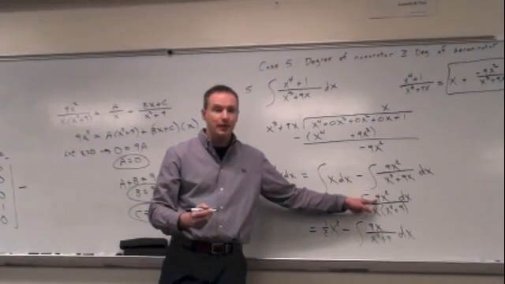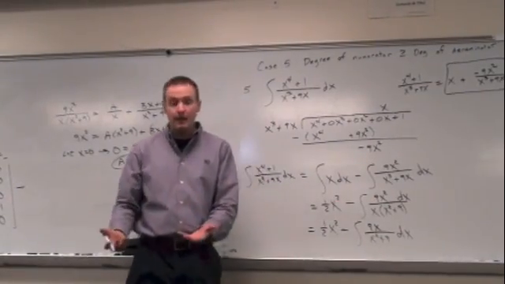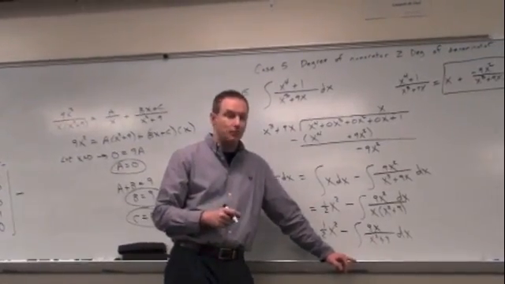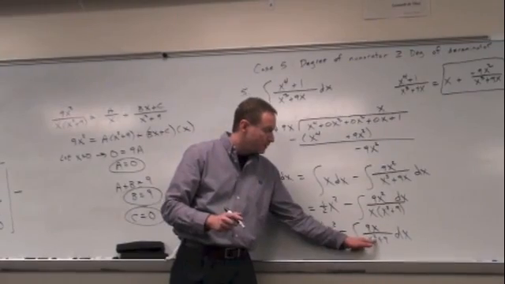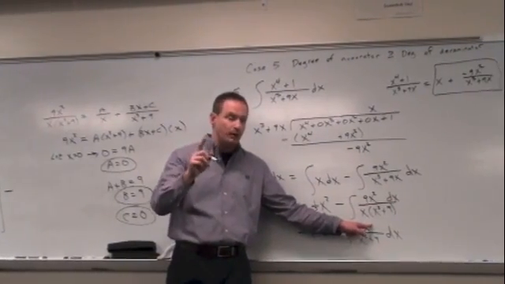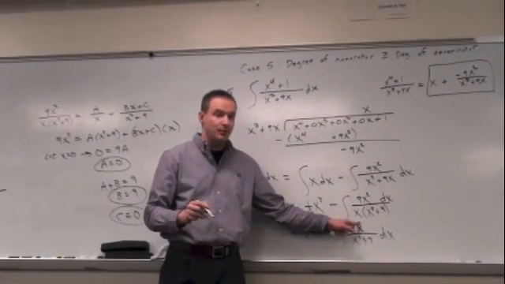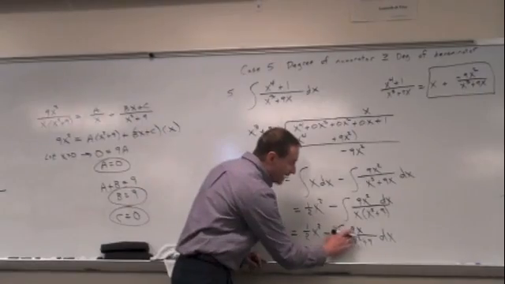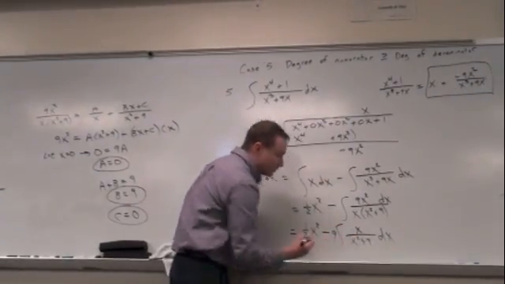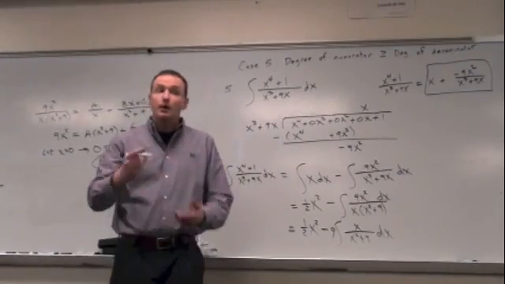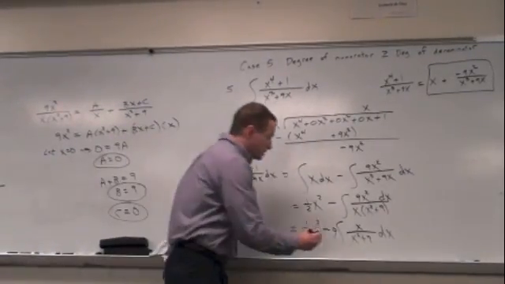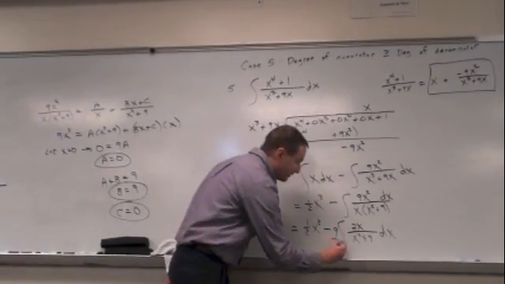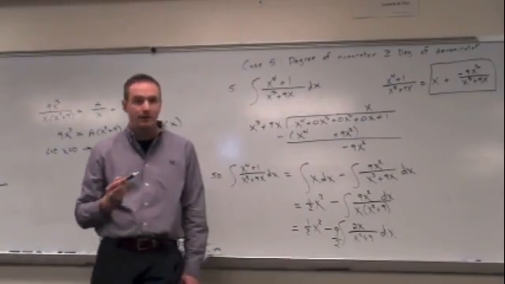Is it much easier to integrate? Way easier to integrate. I can automatically see it's going to be a natural log. Why? The degree of the denominator and numerator differ by 1. What do I want to see in the numerator? A 2x. I don't see a 2x. So move the 9 out. You need a 2 in there. Put a 2 in there. But if you multiply by 2, then you need to divide by 2 on the outside.